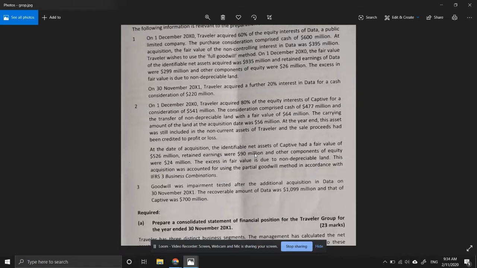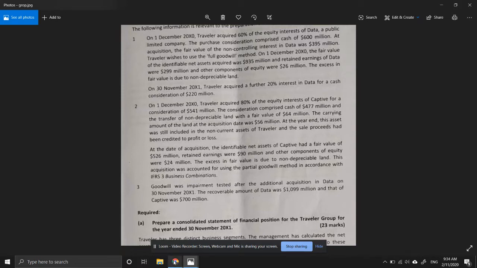Retained earnings was this much, and other component of equity was this much. The excess in fair value is non-depreciable land, so no depreciation needed. As per IFRS 3, partial goodwill method, that means the net assets method. Goodwill was impairment tested for the date of additional acquisition of Data on this much. The recoverable amount was this much and this much.